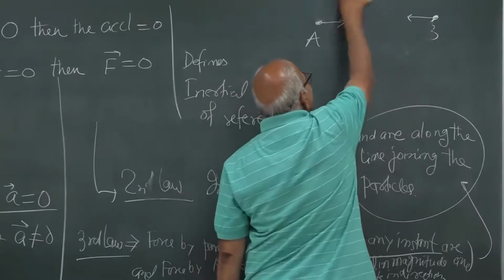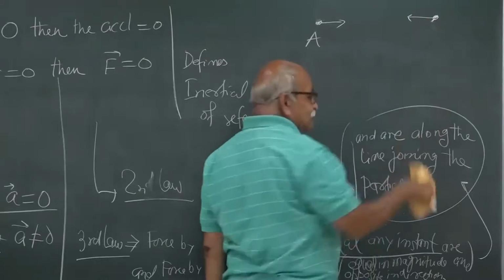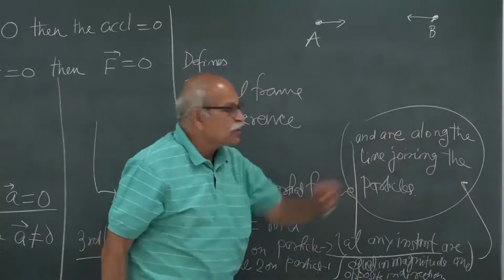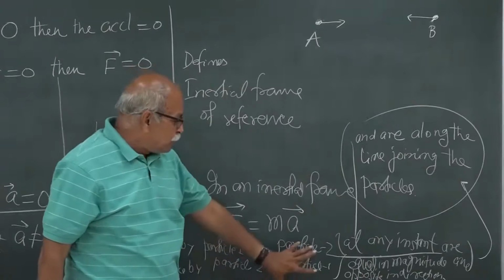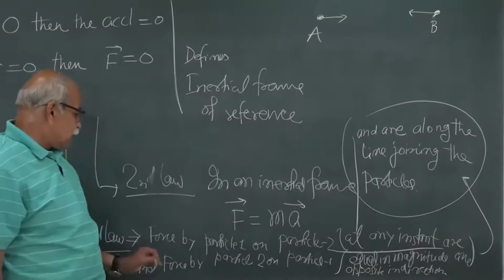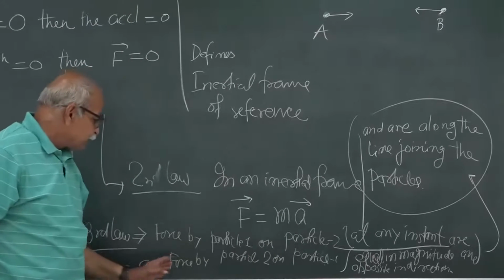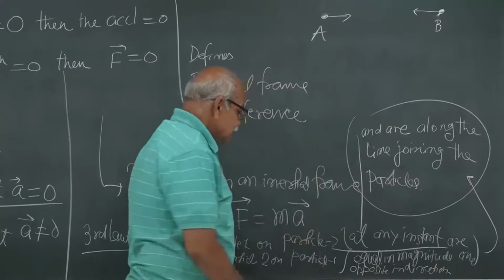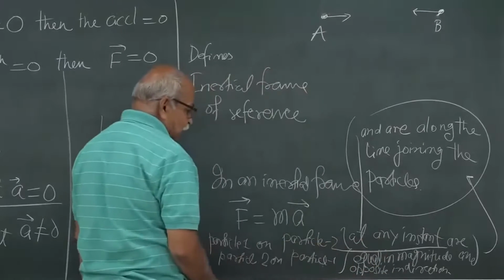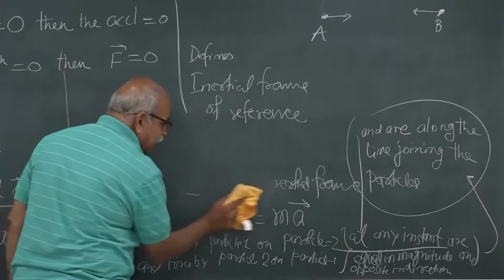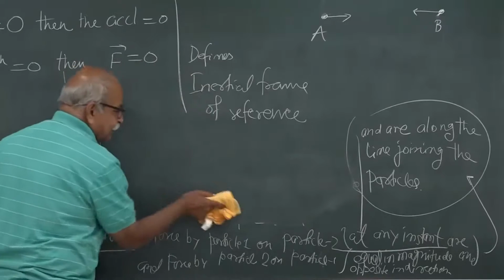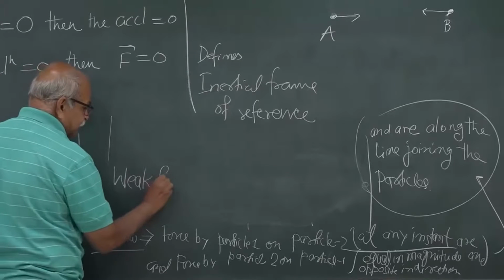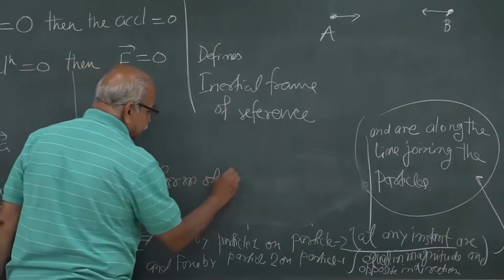Okay. Now, if that does not happen, maybe in some cases, then this part will not be valid. Now, if you stop here, what is Newton's law? Force by particle 1 on particle 2 and force by particle 2 on particle 1 at any instant are equal in magnitude and opposite in direction. If you stop here, this is sometimes called the weak form of Newton's third law.